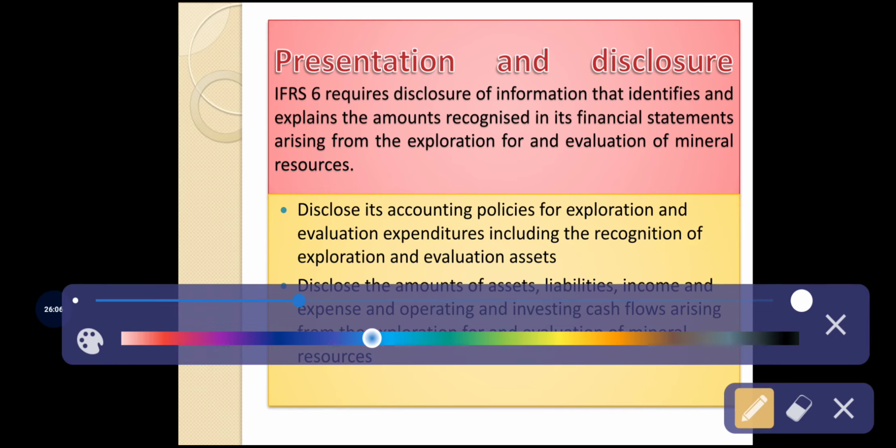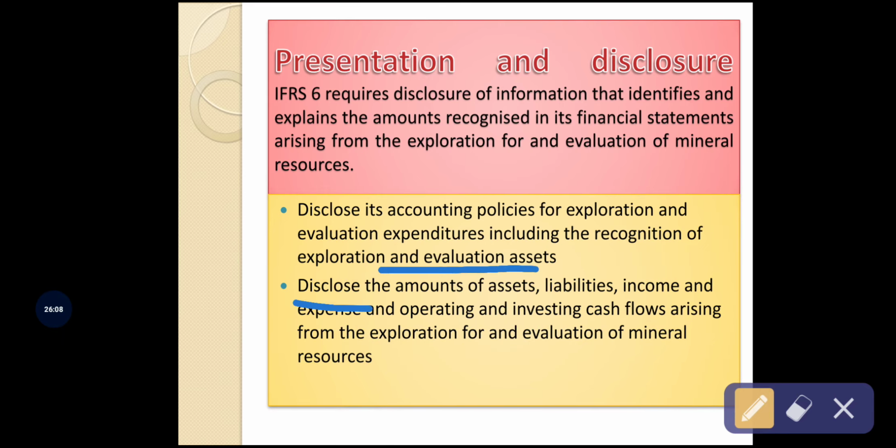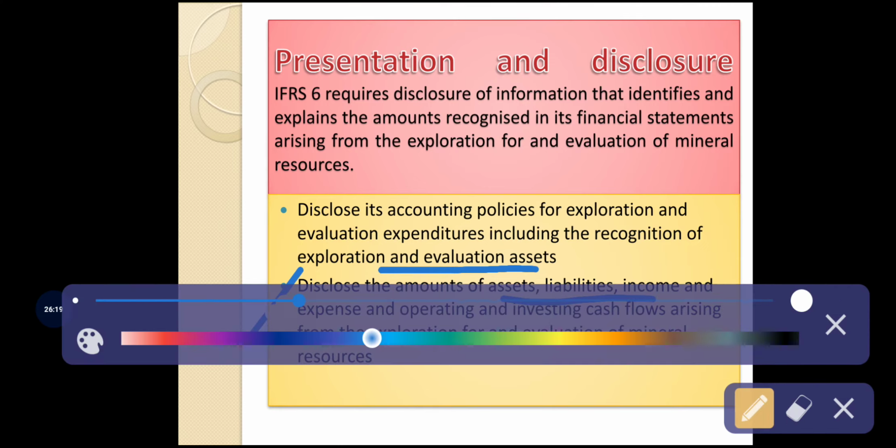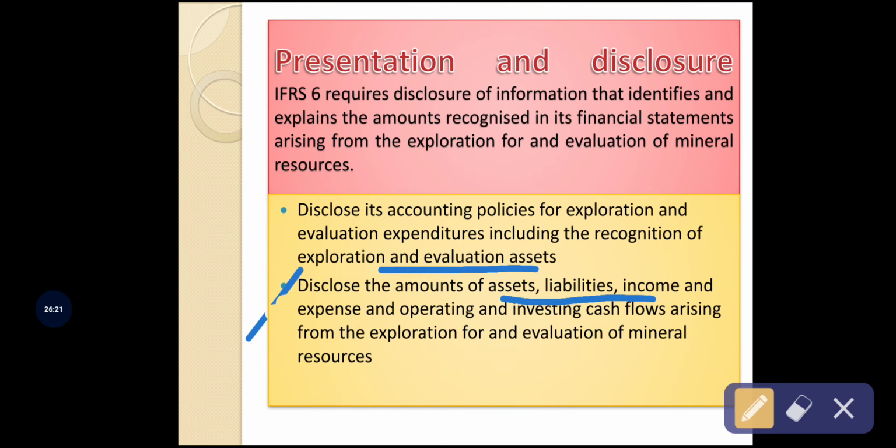So the second one, disclosure, that is, disclose the amount of assets, liabilities and incomes and expenses, operating and investing cash flows arising from the exploration for and evaluation of the mineral resources.